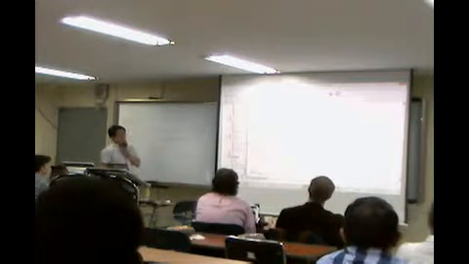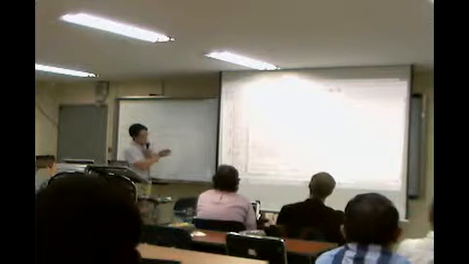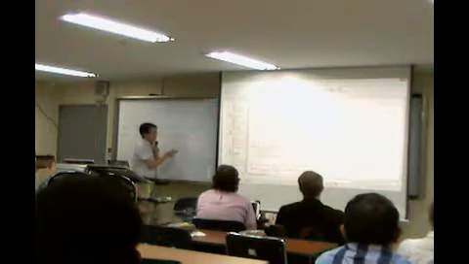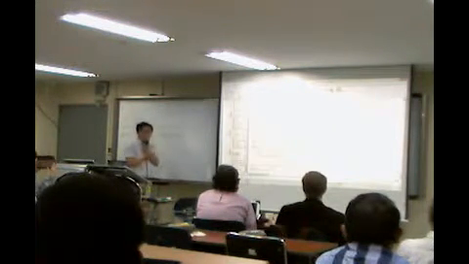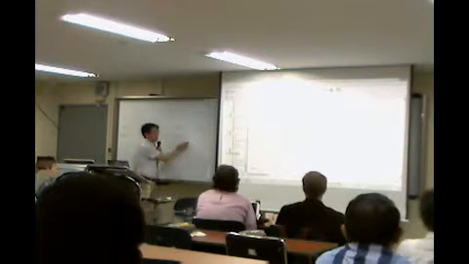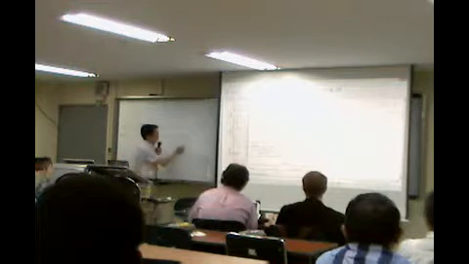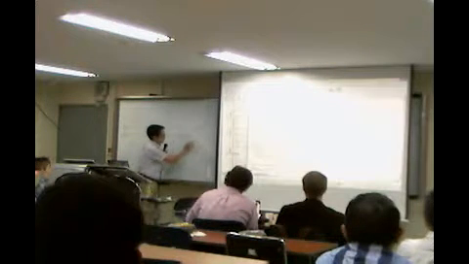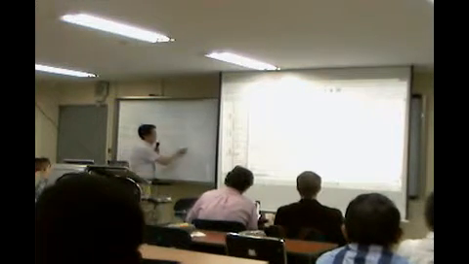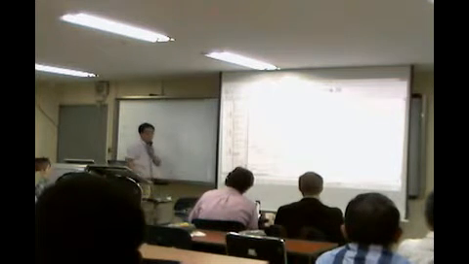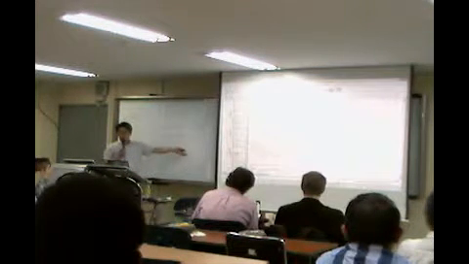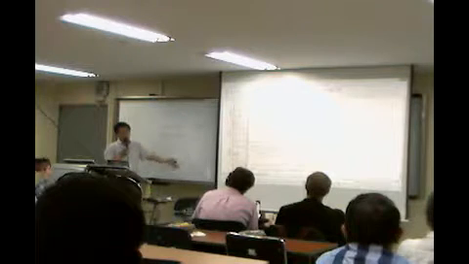R square means how much the dependent variable is explained by the independent variables: 11.40%. So we need more variables to explain it all, but in this case, it's okay.